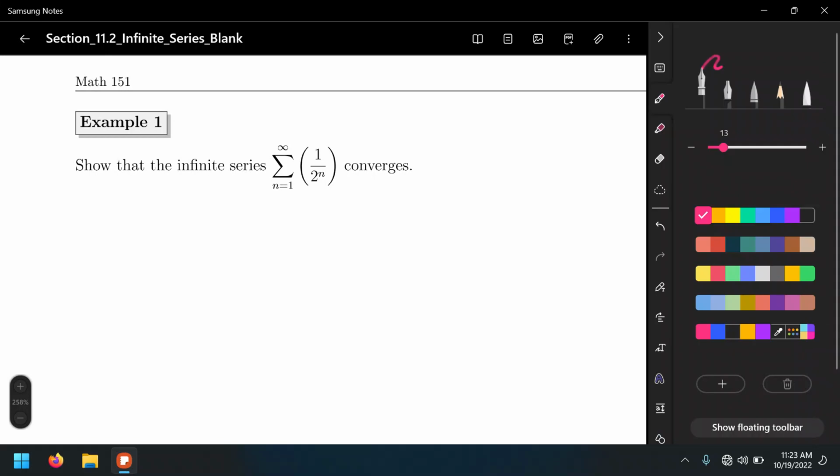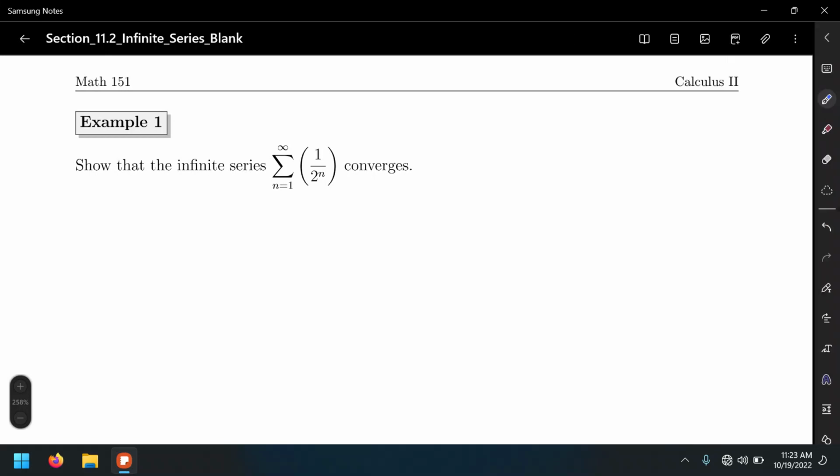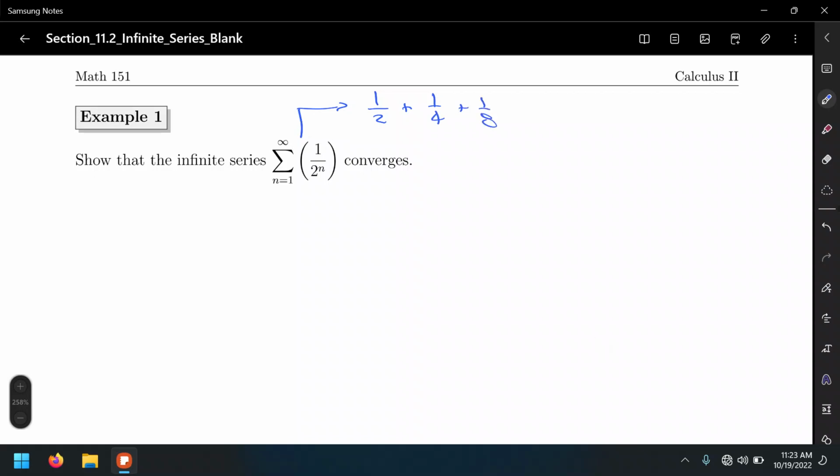All right. So essentially, we're trying to find the infinite sum of 1 over 2 to the n. Well, let's expand some of the terms to get an idea of what we're doing. In this case, 1 over 2 to the n starting at n equals 1, that's 1 over 2 to the first power, which is 2, plus 1 over 2 to the second power, which is 4, plus 1 over 2 to the third power, which is 8, plus 1 over 16, plus 1 over 32, plus 1 over 64.